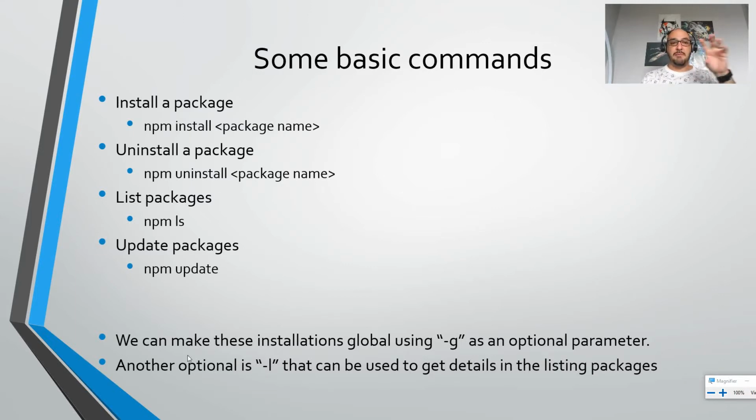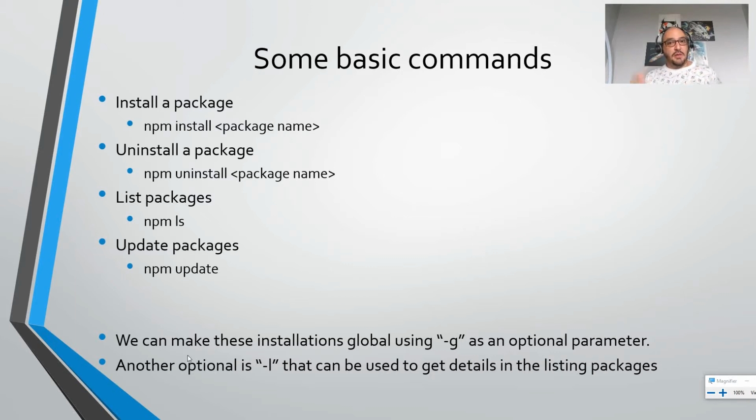For example, I can say npm install the name of the package -g, and what that -g means is that that particular package is going to be installed globally in your system. So your whole computer is going to have that package available. And that's the way we're going to install React Native, because we want our whole computer to be able to use React Native and to create React Native projects in different folders.